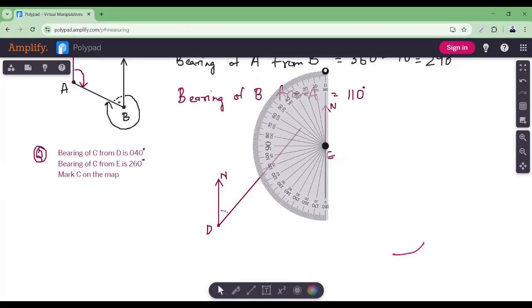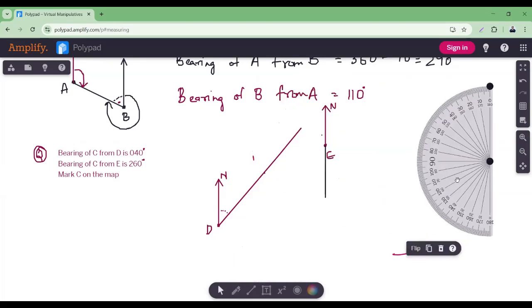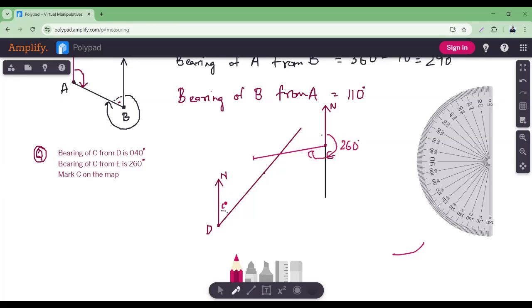So when I'm doing this, plus 80 means the point comes here. So this line is going to be my 260 degrees from E. The bearing of 260 degrees from E is here and the bearing of 040 degrees from D is here.